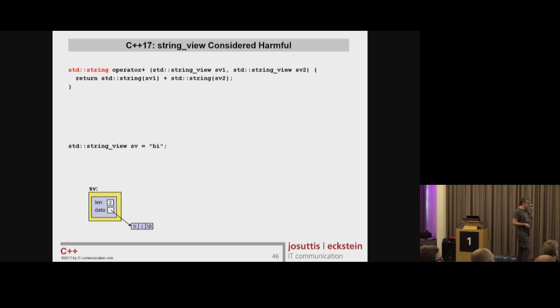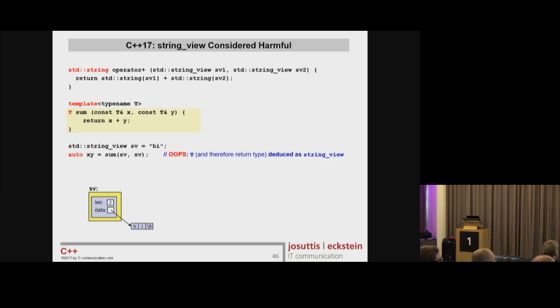Now, a third guy in your project has written a cool function template. Let's add two elements of a type and return the sum. Yeah, this looks safe. Add two ints, you get an int. Add two strings, you get a string. What's the problem? So the problem is, let's use this template for my string view.